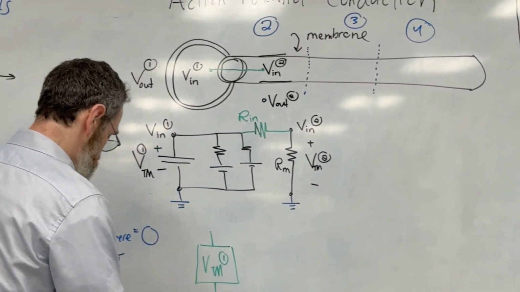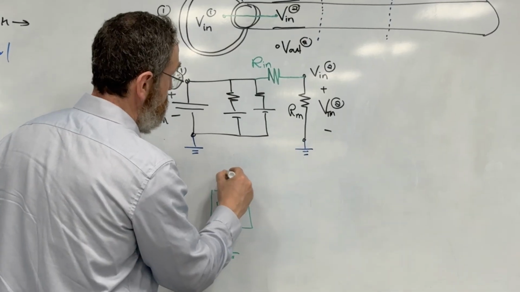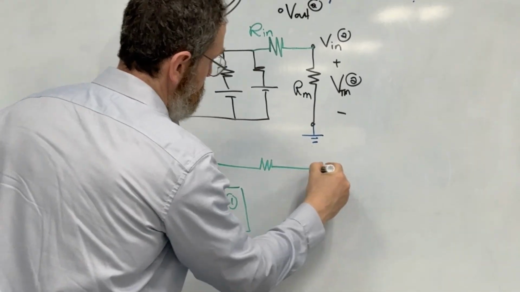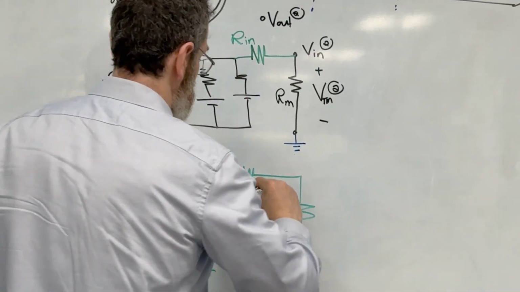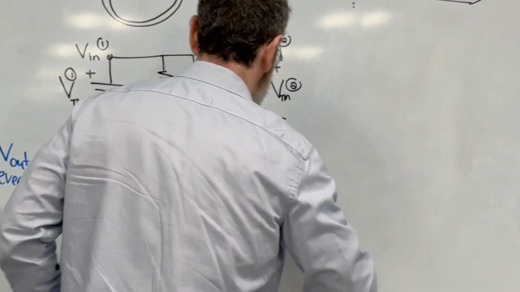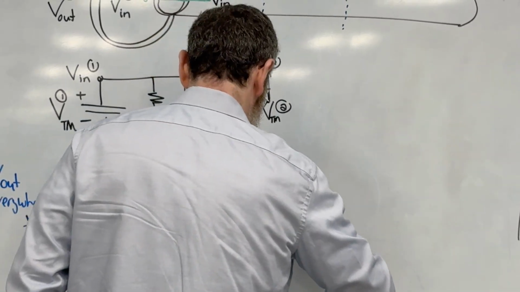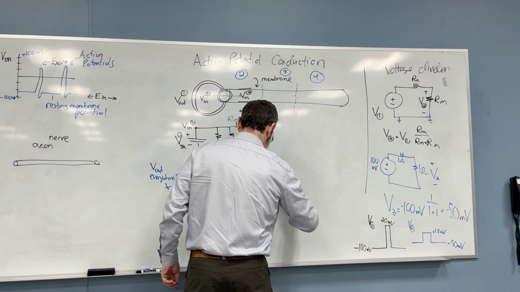So now I'm going to write this. I've replaced this with this compartment. And I'm going to write Rn, and I'm going to write Rm. And here I have V transmembrane 2.